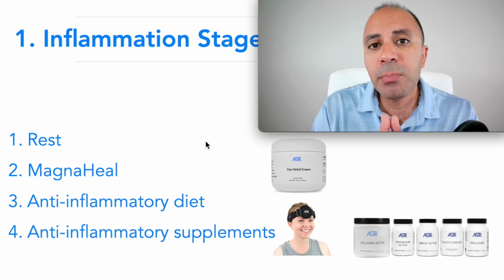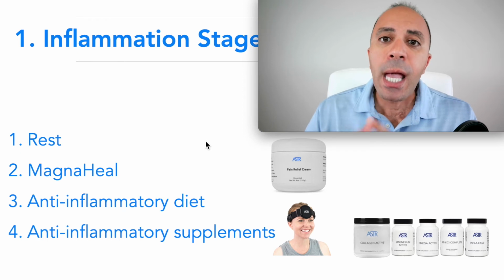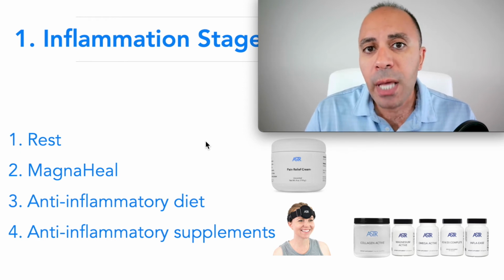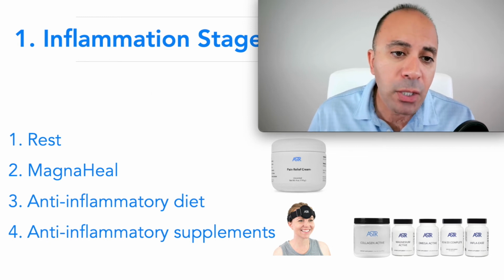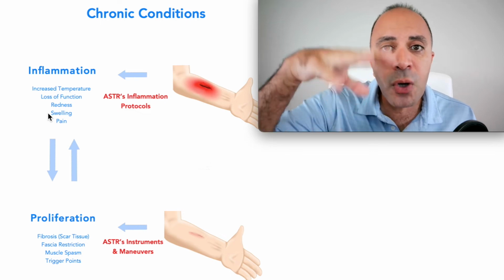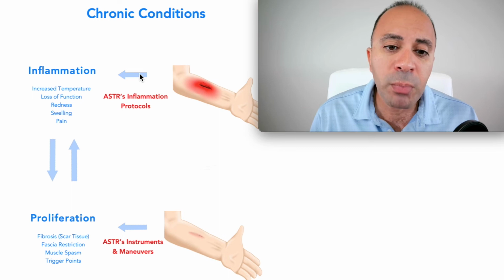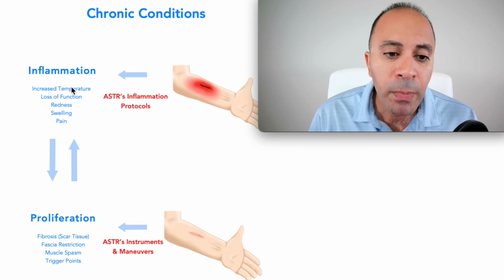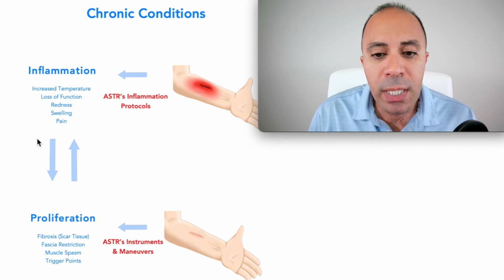Try to walk the proper way, and I will have a video on how to walk the right way. If you rest for about 7 days and your pain is still there, that's a sign you have inflammation with proliferation, your body going back and forth, or your foot pain is caused by inflammation and proliferation. So in order to really address that, we need to decrease the inflammation.